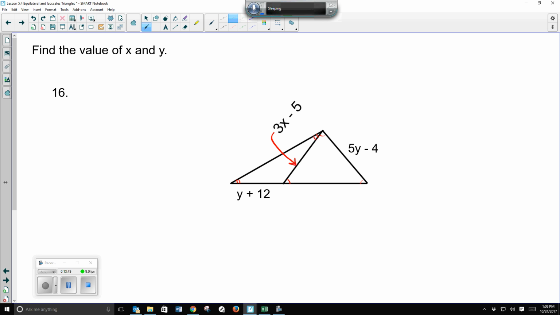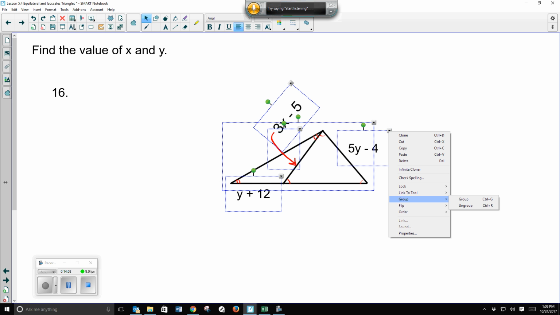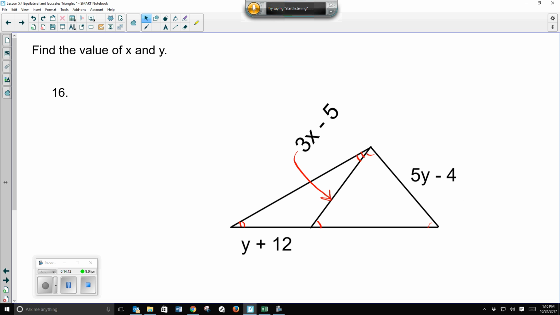I know the sun comes in and messes up the projection a little bit this time of day. Also could make that larger, I guess. Group it together. Might help a little bit.